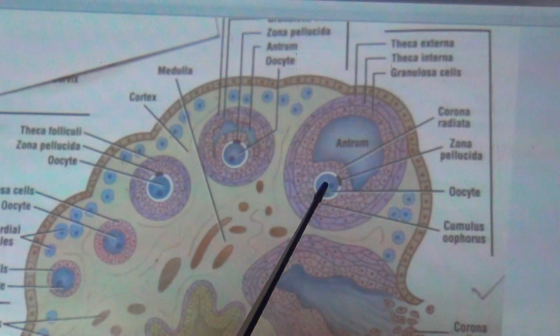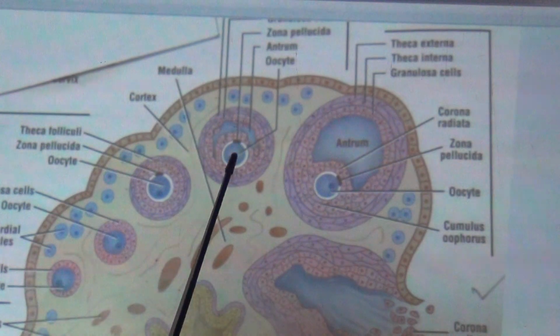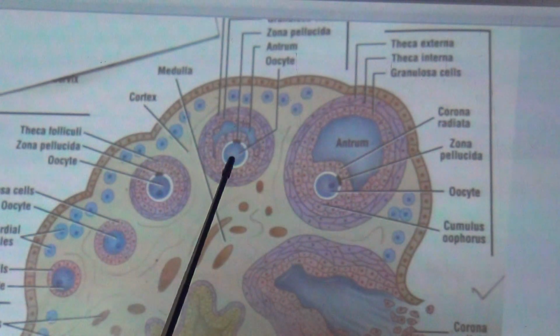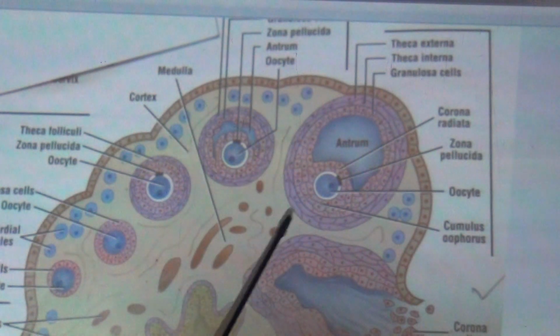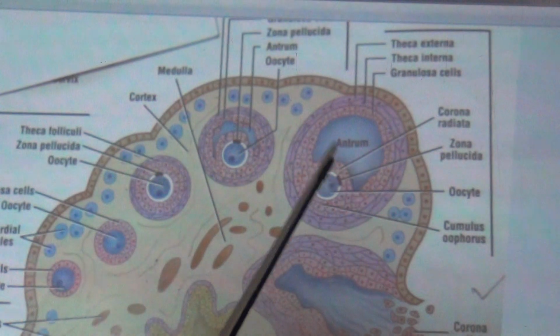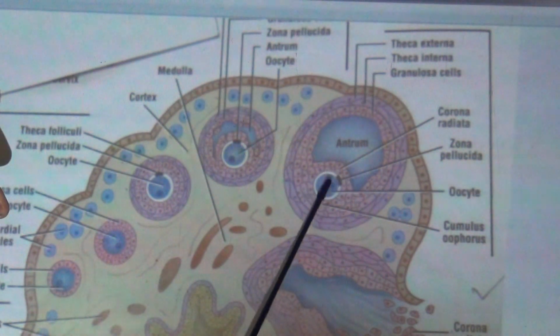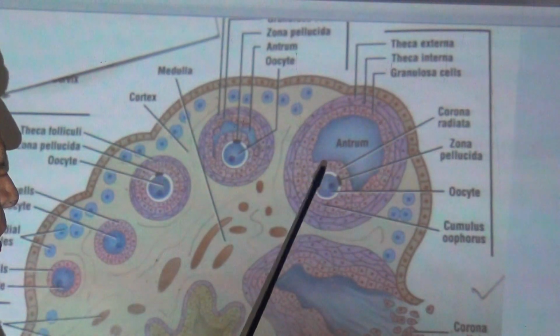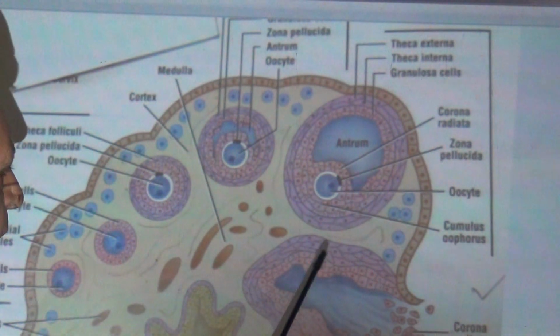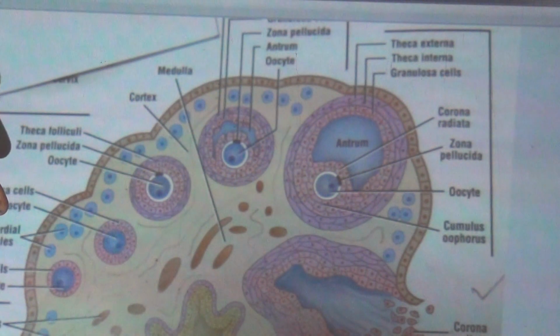Here it is in the center, in a lower position, and here it is pushed more toward the periphery. So this fluid exerts pressure on the oocyte, and the oocyte moves toward the periphery.